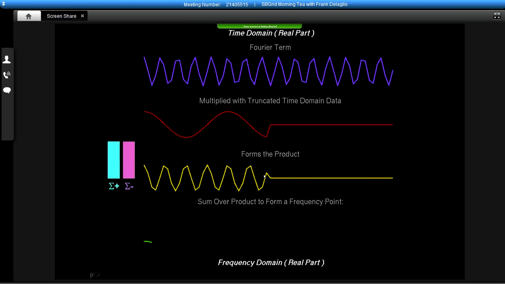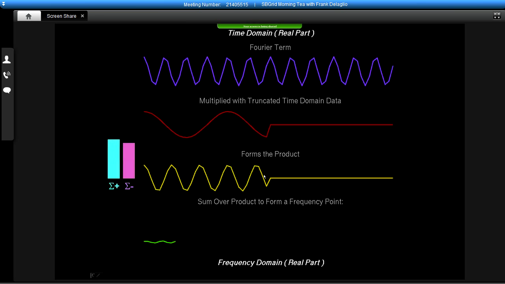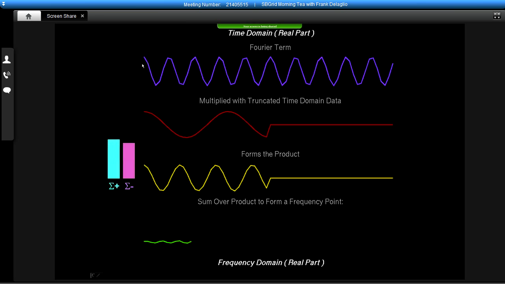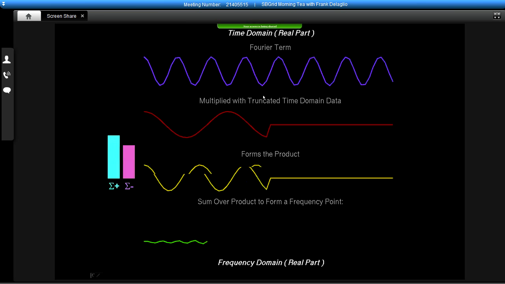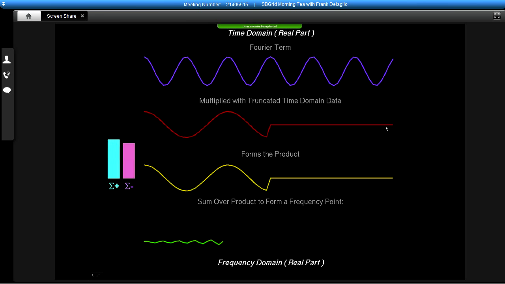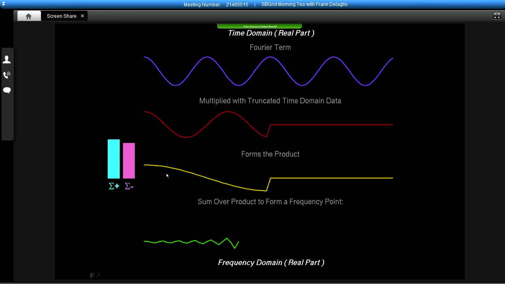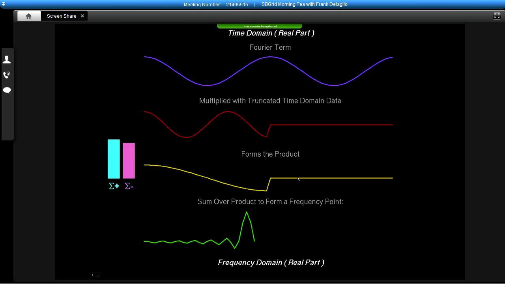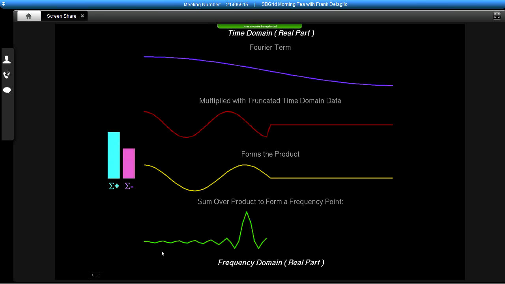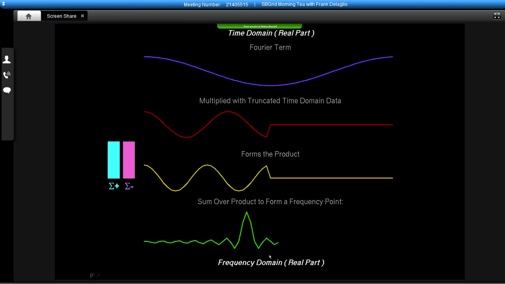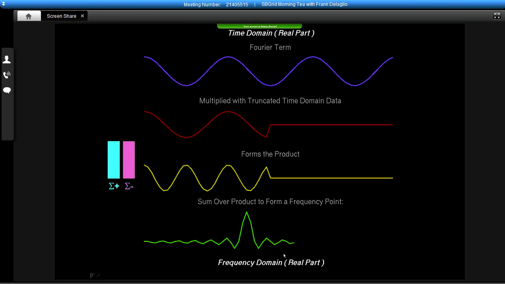The same Fourier transform mechanism applies. We take a Fourier term, multiply it by our truncated time domain data to form a product, and then we add up all the points in that product to form a point in the Fourier transform.